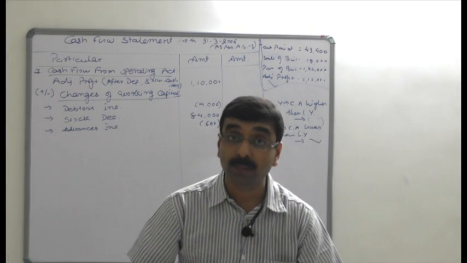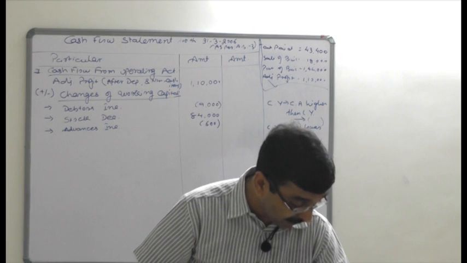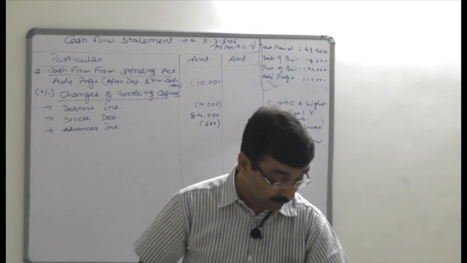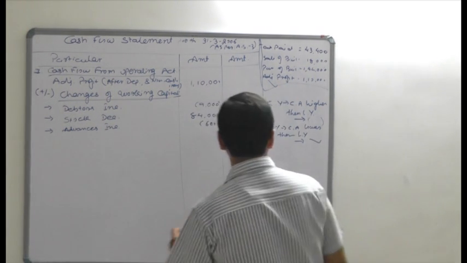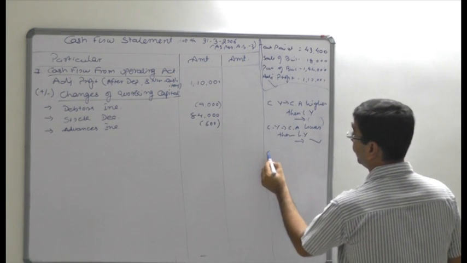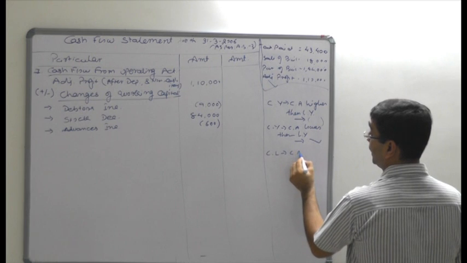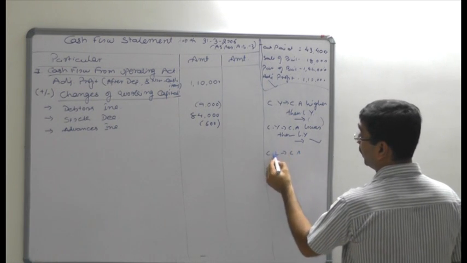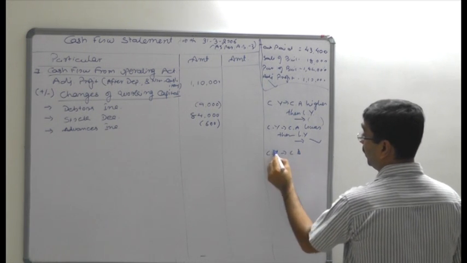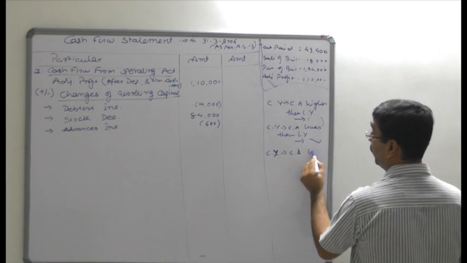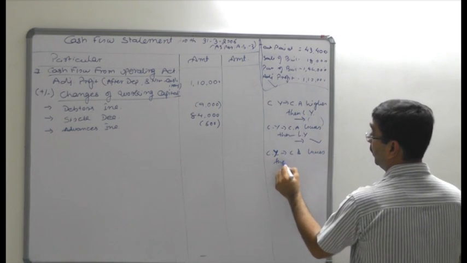On the liability side, we will observe the current liabilities one by one. Start with the first, creditors. Now see the creditors. Current year creditors is lower than the last year. Current year current liability is lower than the last year.